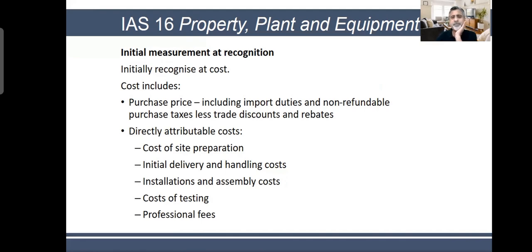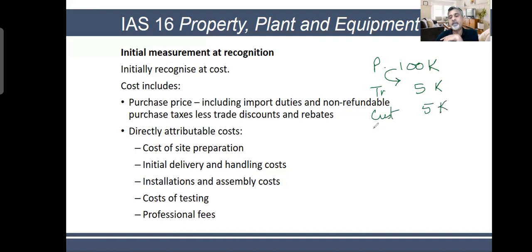So let's suppose that you purchase an asset, a piece of equipment, from Germany for $100,000. Then you bring it to your country, so this is the purchase price. Then you pay the transportation cost of 5K, this should be added. Then you pay the customs duty for, I don't know, 5K, this should be added.